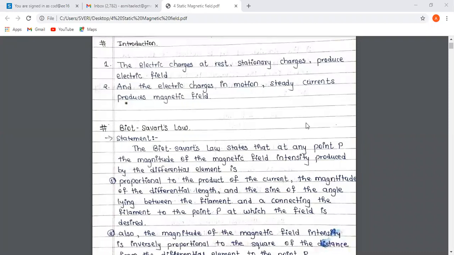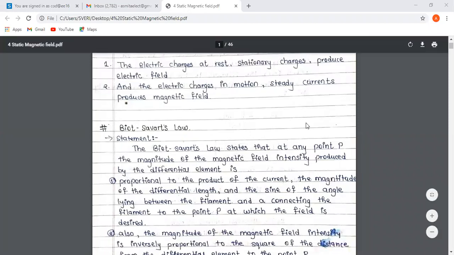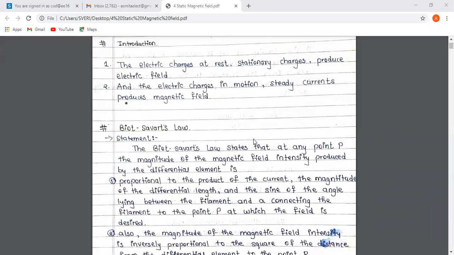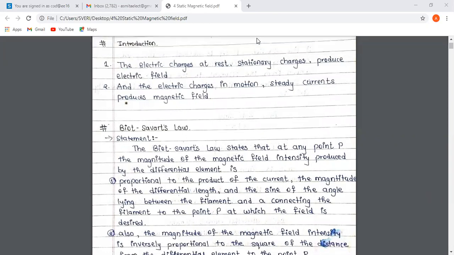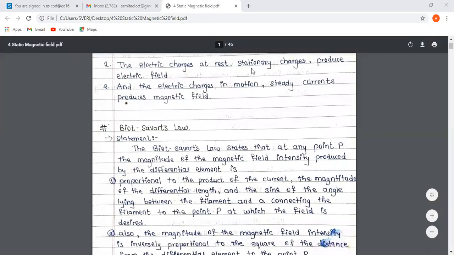These constant charges produce their own electric field, and that electric field is nothing but the electrostatic field. Why is it static? The term static is used because these charges are constant, these charges are stationary.